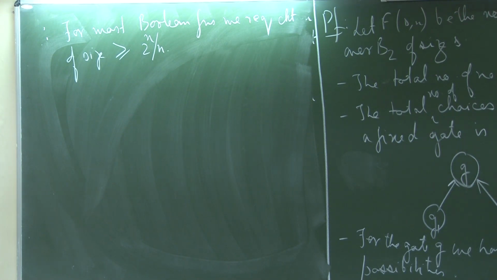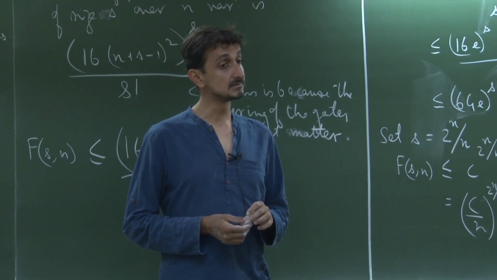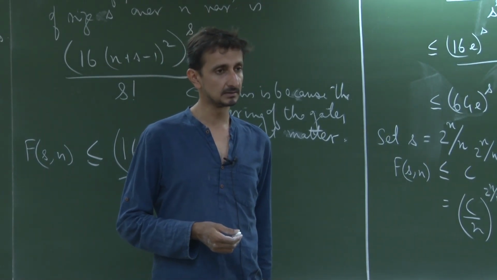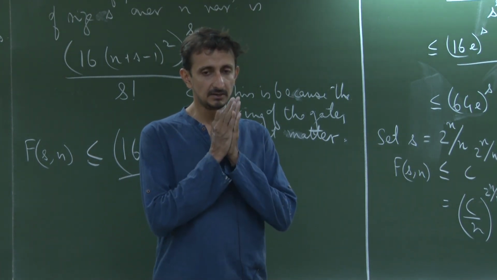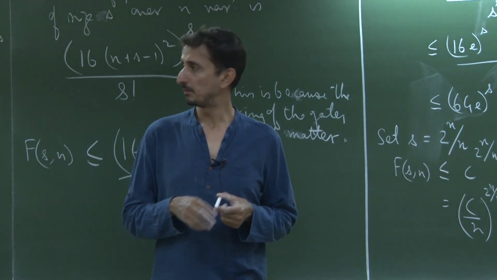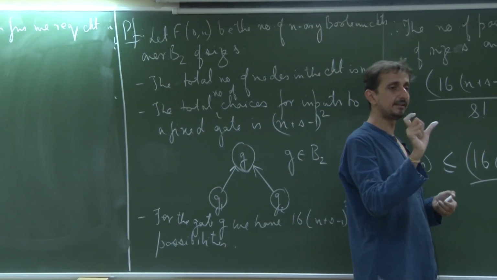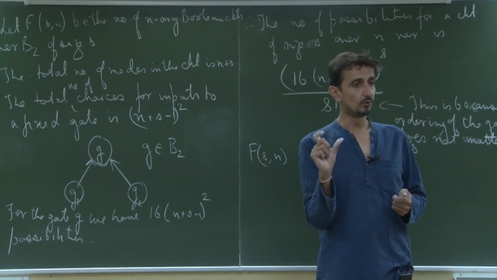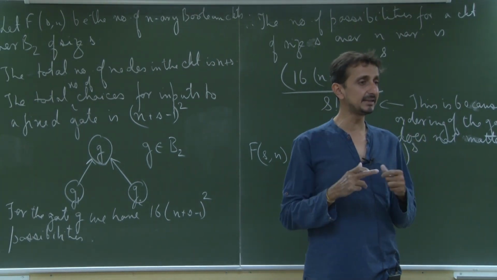We say a circuit n-ary means that the circuit has n inputs. The circuit is over B2, which means that each gate is an element of B2, which means that each gate has a fan in, or each gate takes 2 inputs.